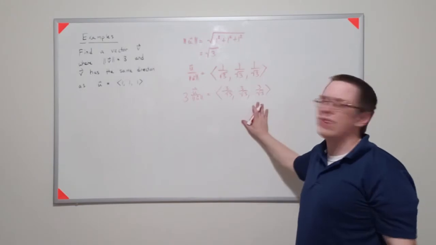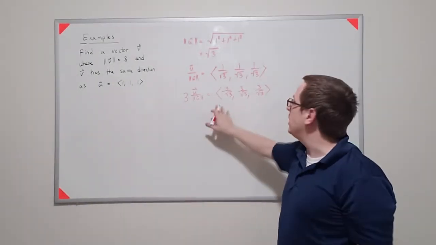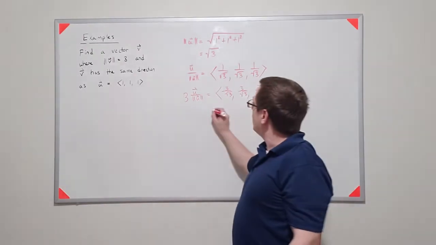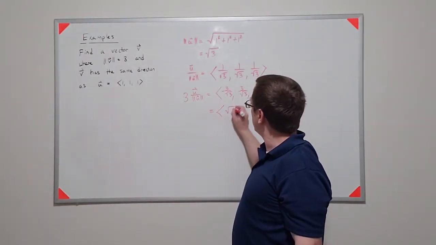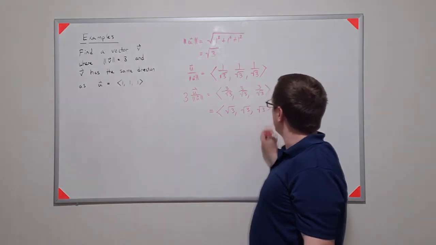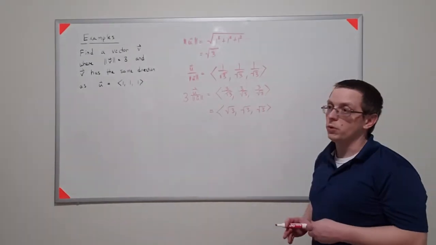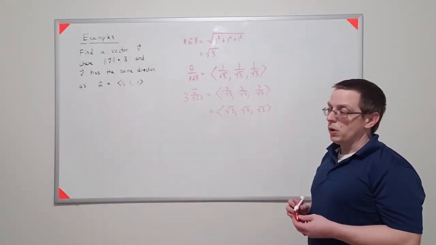Now, this is fine. I'm not huge on rationalizing unless it just makes sense. And so now we have square root of 3, square root of 3, and square root of 3.